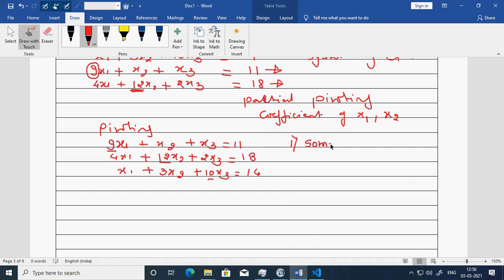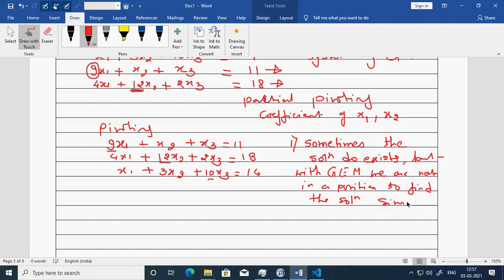First thing is sometimes the solution does exist, but with the simple Gauss elimination method we are not in a position to find the solution, since one of the diagonal elements is 0.